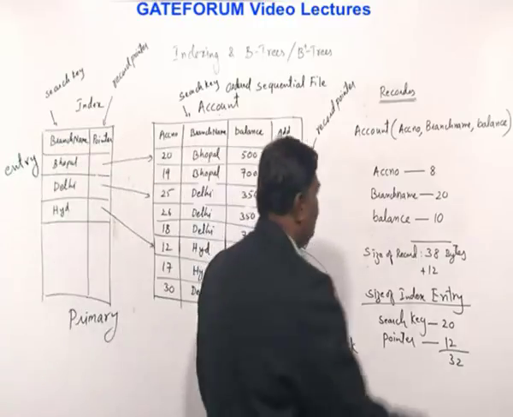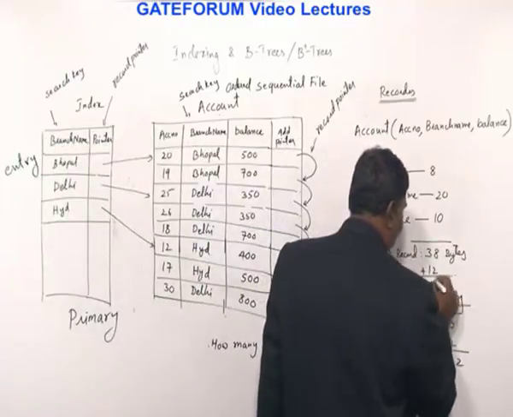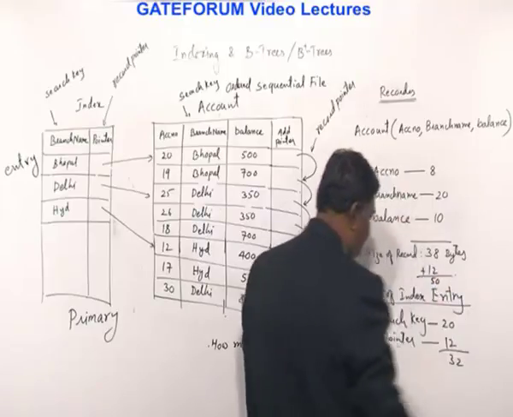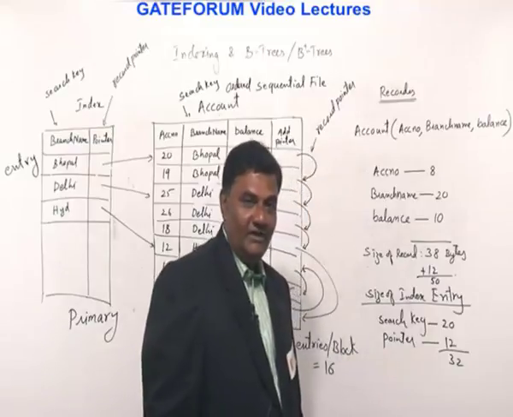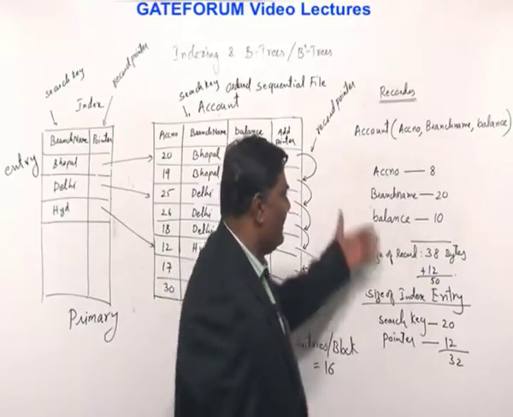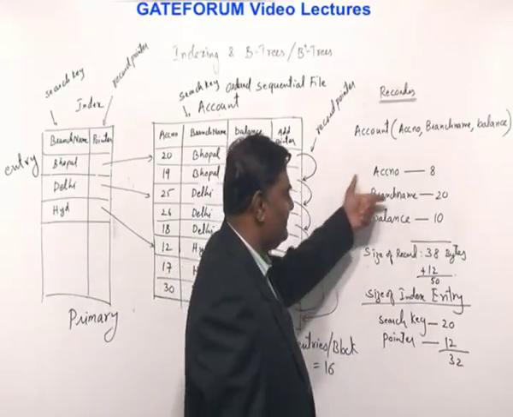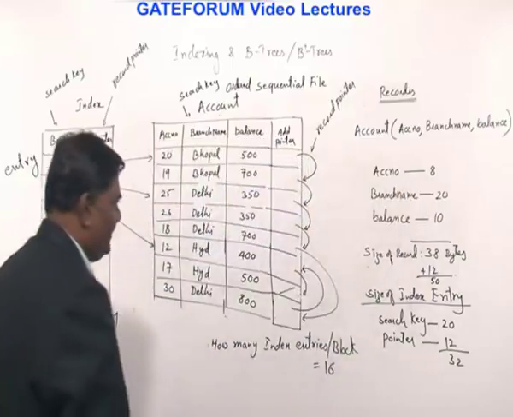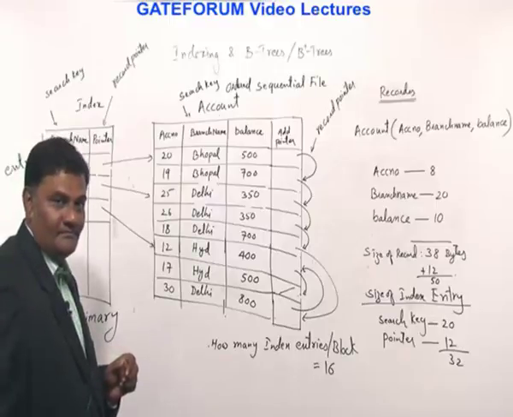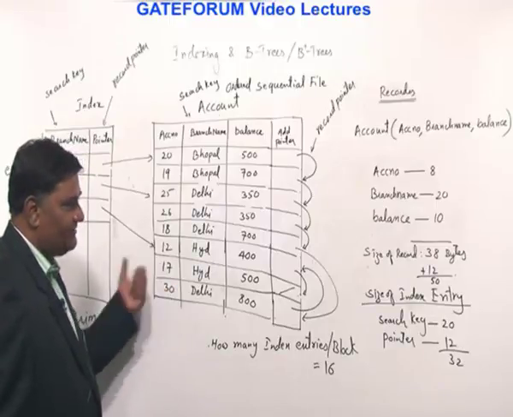See, just now you saw the size of the record is total 50 bytes, and this is 32. It's not a big difference. The reason we are not getting a big difference is, who is of maximum size here? Branch name, that is 20, and that same one I have taken as the search key here. This is an example I have taken.